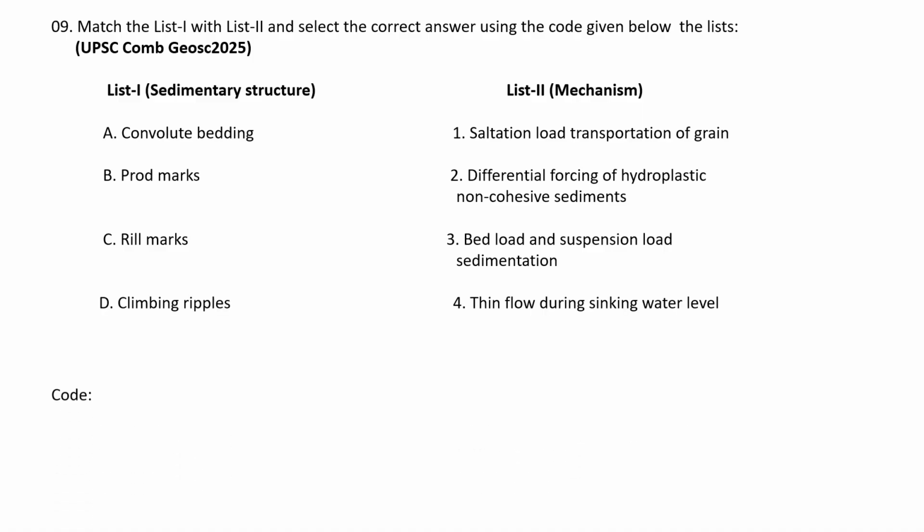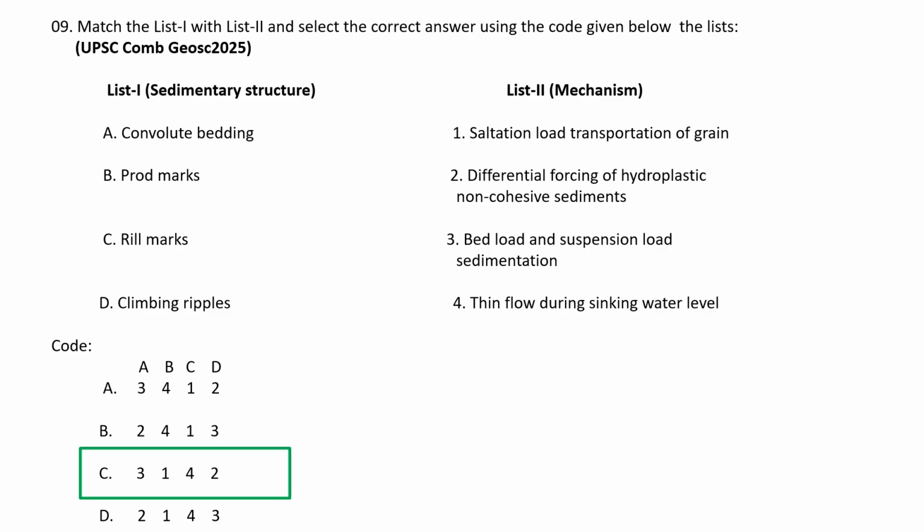And list 2 contains saltation or low transportation of the grains, differential forcing of hydroplastic cohesive sediments, bed load and suspension load sedimentation, thin flow during sinking water level. The codes are: A. A3, B4, C1 and D2. B. A2, B4, C1 and D3. C. A3, B1, C4, D2. D. A2, B1, C4 and D3.